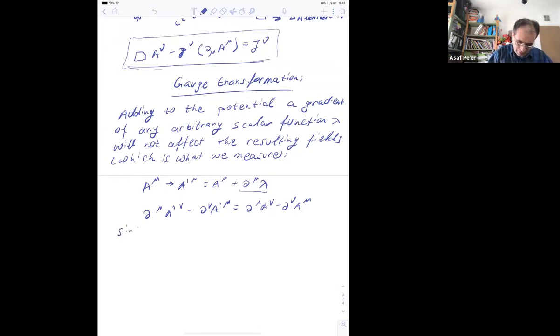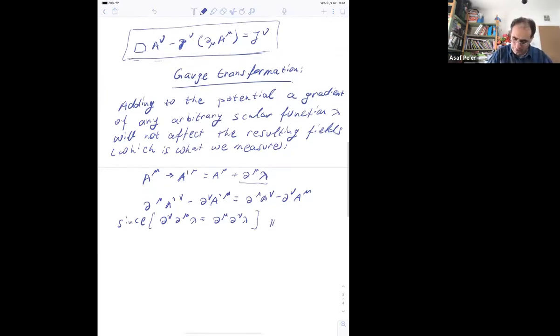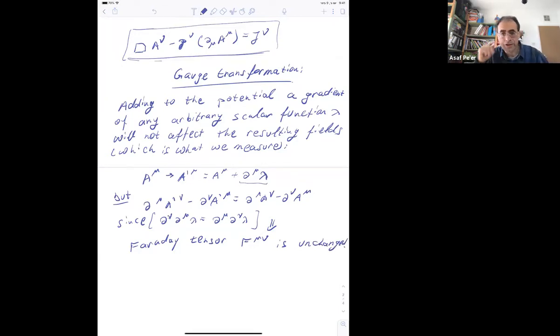So the fields, or the Faraday tensor, are unchanged.